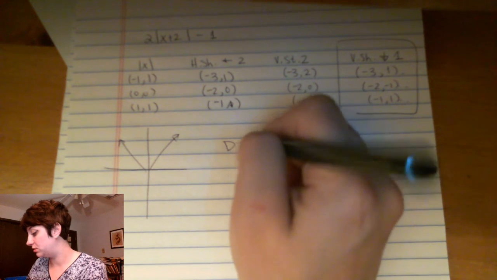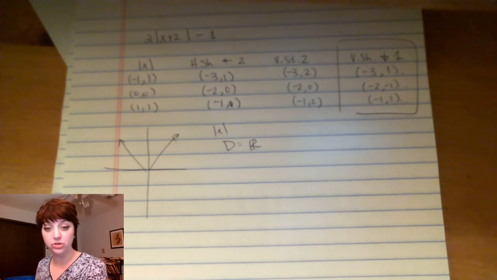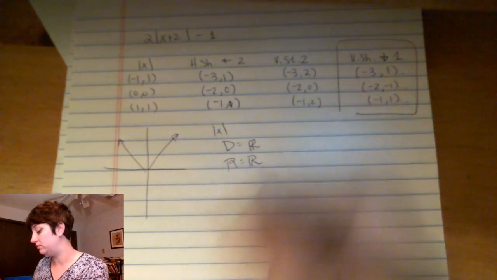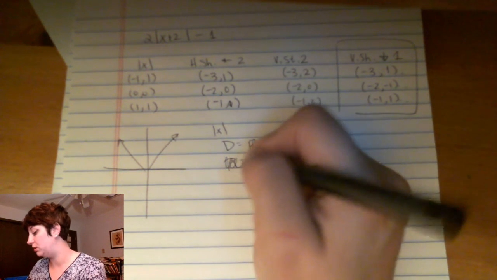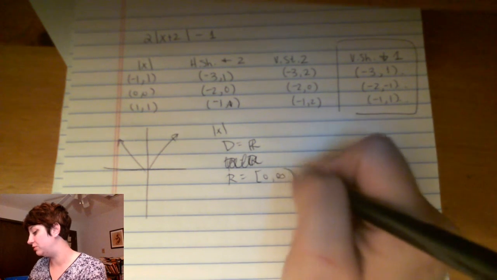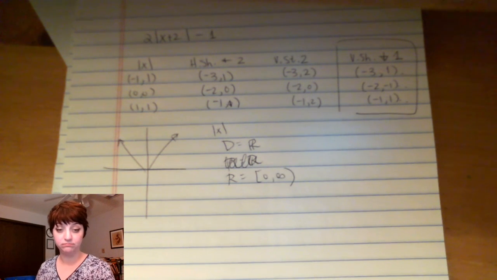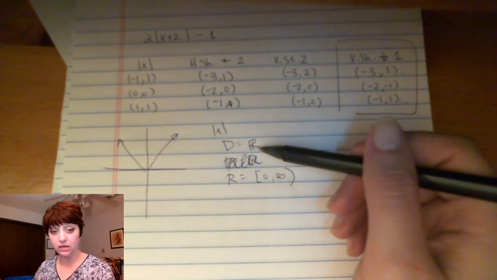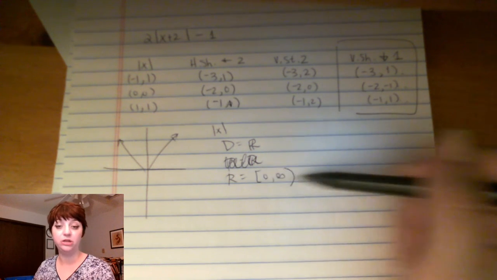Usually, absolute X has a domain of R and a range of 0 to infinity. So with the absolute value, you can always plug in anything, and it always outputs something non-negative.